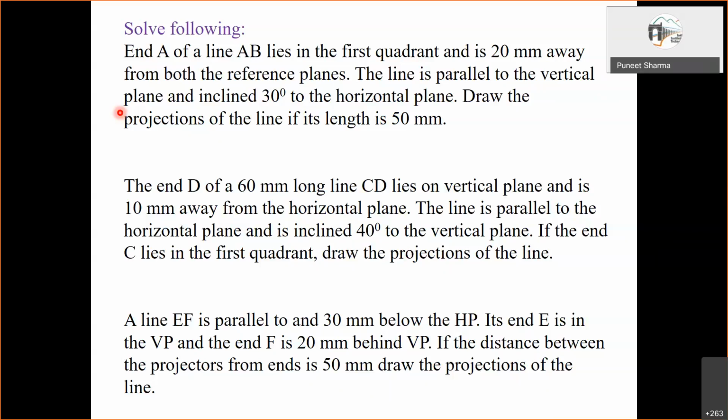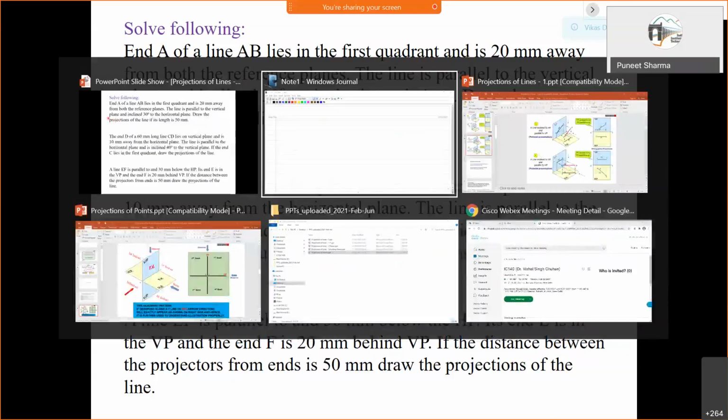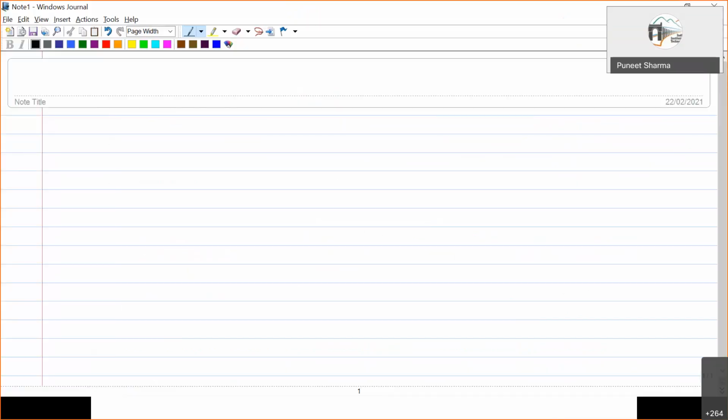So first we locate A dash and A. Then next we have to consider the front view, that is, we have to locate B dash. Say this is the XY line.